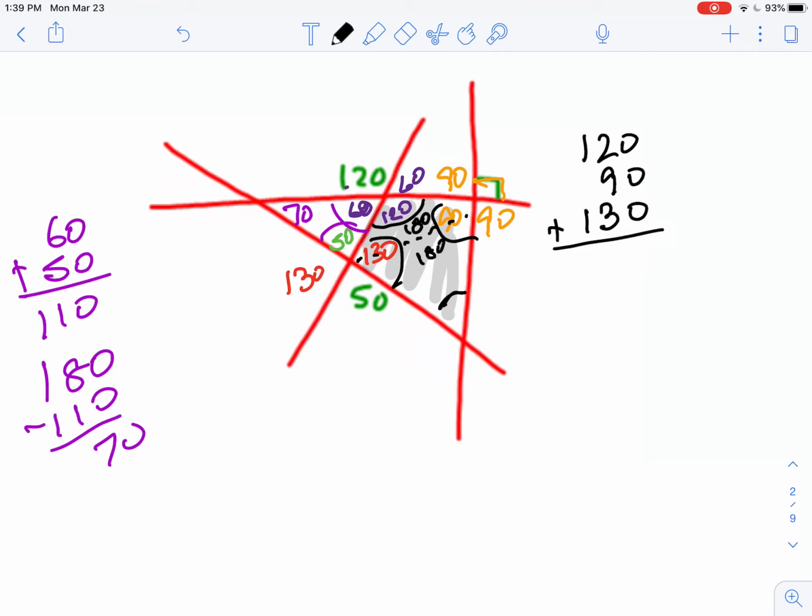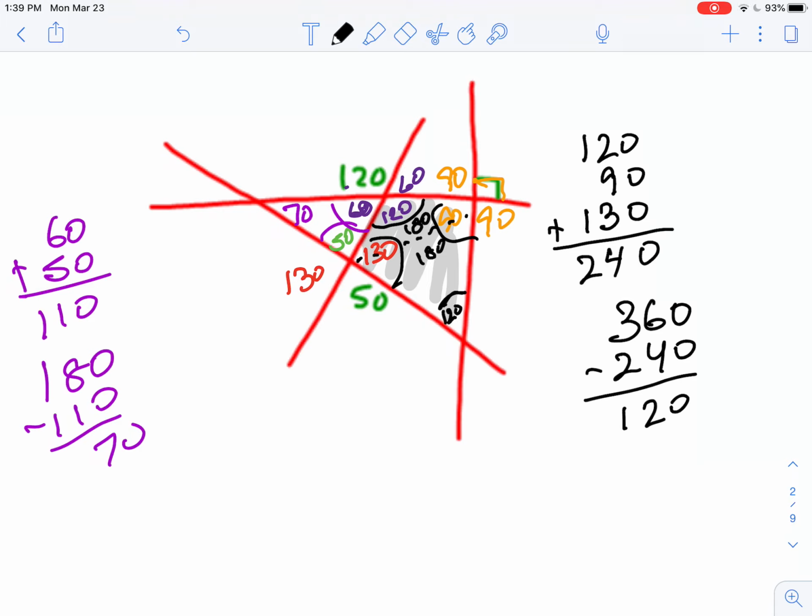So we have 120 degrees, 90 degrees, 130 degrees that we know about. Let me check my math, make sure that that's right. And then it's 360 degrees altogether, 240 degrees we know of. So that leaves us with 120 degrees for that corner right there. Oh, no, it doesn't. Hold on.